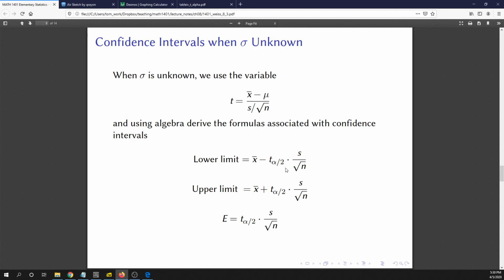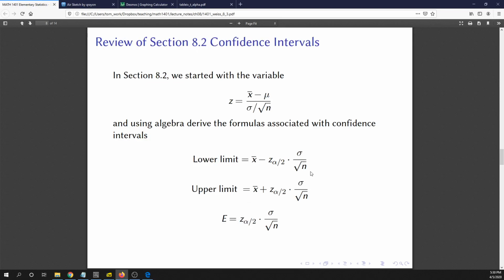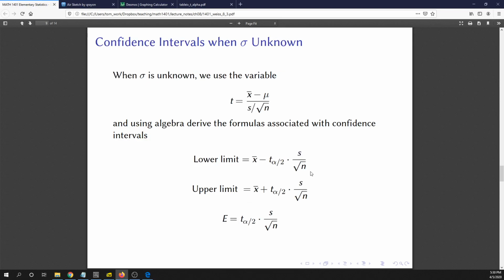You can see this is almost exactly the same format as before, just slightly different. Here we're using s, the sample standard deviation. And here, instead of it being z of alpha over 2, it is t of alpha over 2, because we already talked in a previous video about how if you're using the sample standard deviation, then this is not normally distributed like it is for z.